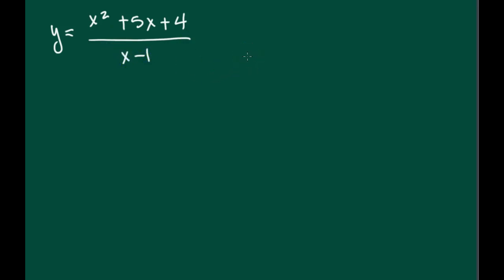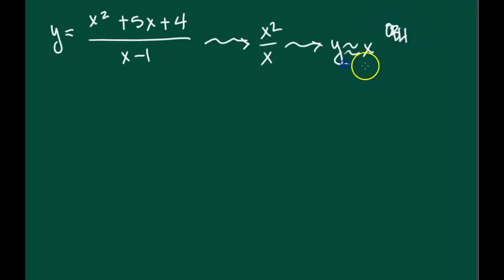Now with regard to long-term behavior, we see a polynomial of degree 2 over a polynomial of degree 1, which means that it's going to look kind of like y equals x. This would in fact be an oblique asymptote, meaning a slanted line, neither horizontal nor vertical.